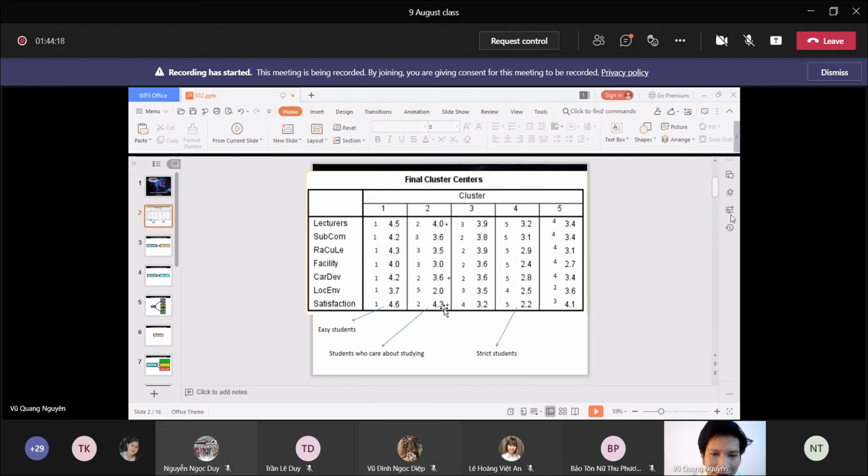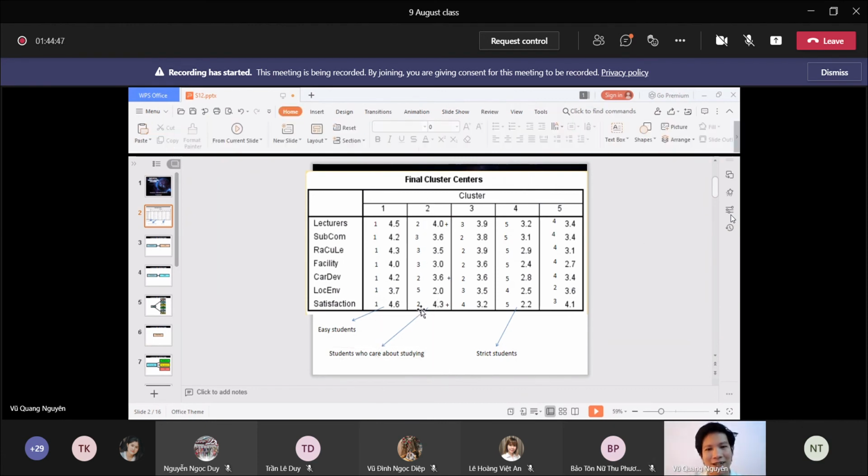Why? I think so because their satisfaction is high. Their perception about location environment is not high, right? But their satisfaction is still high. It means that they don't care about location environment. They care about lecturers. They care about career development. Means that they care about studying. Okay. Do you agree with me?